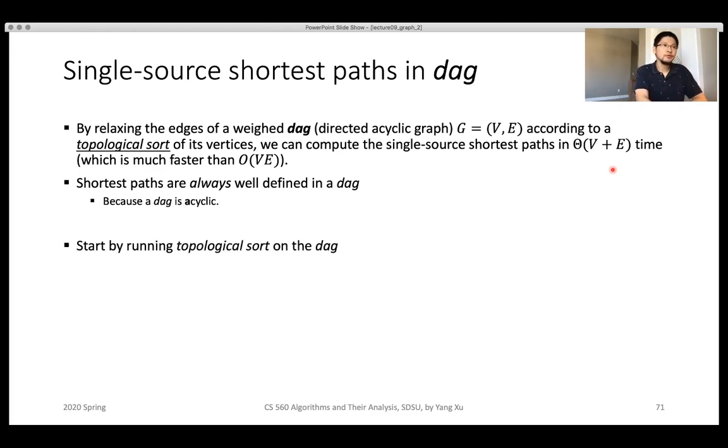To run this algorithm, we first start by running a topological sort on the DAG. Just a reminder, if you don't quite remember how topological sort works, you should go to the slides on elementary graph algorithms.